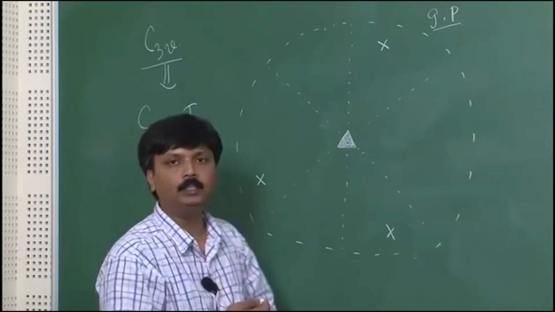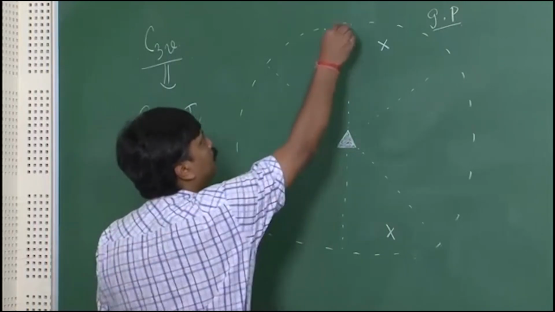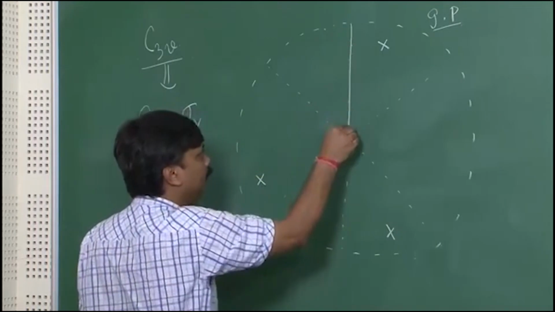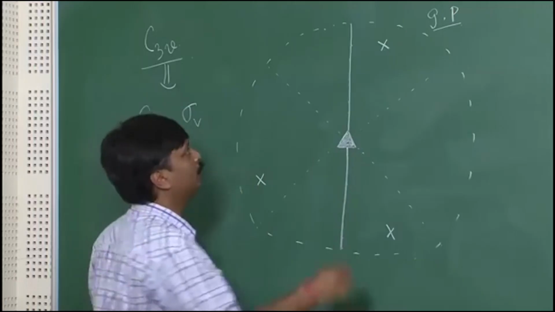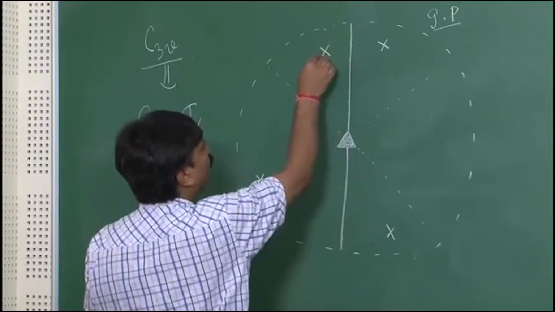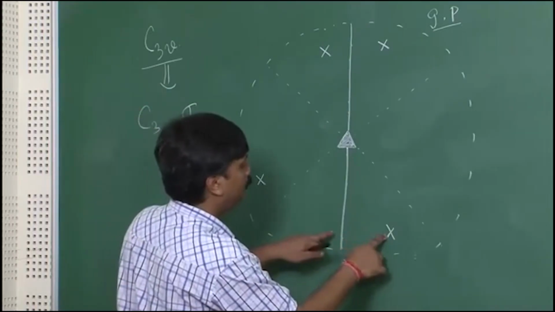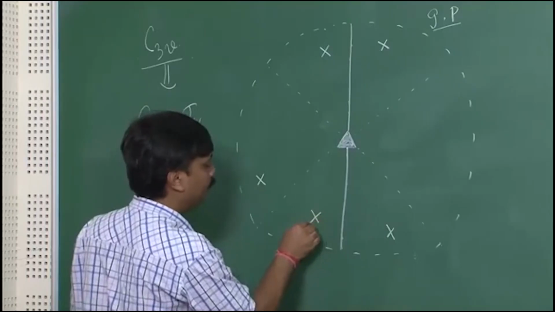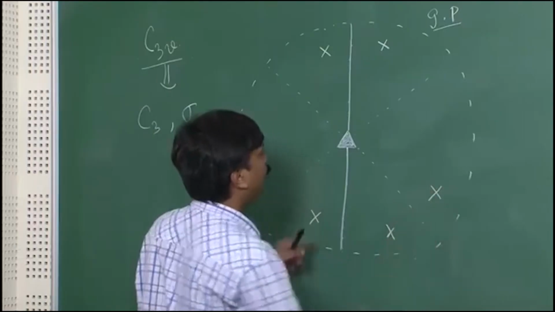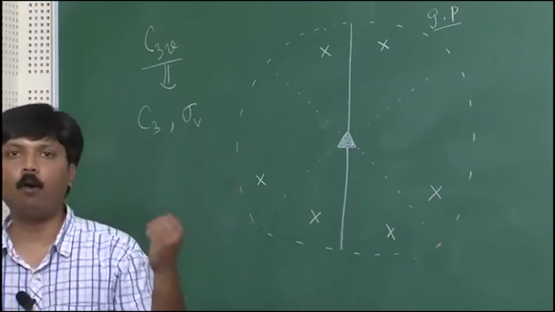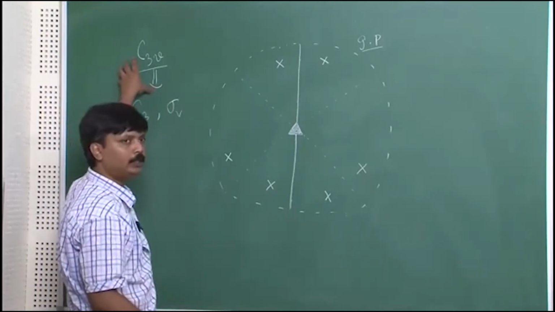I have sigma v's. So next I have to operate a sigma v. First take this one as one of the sigma v's. Then I will get one right here. Now this point here will have a point over here if I reflect it, and then this one will have a similar point here. So now I have generated all the points that I could using the information from the Schoenflies notation.